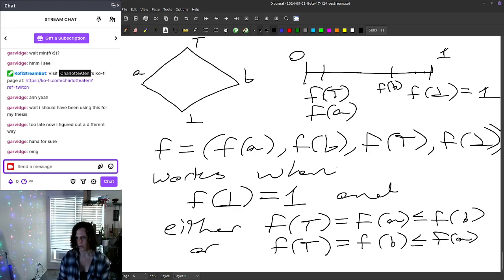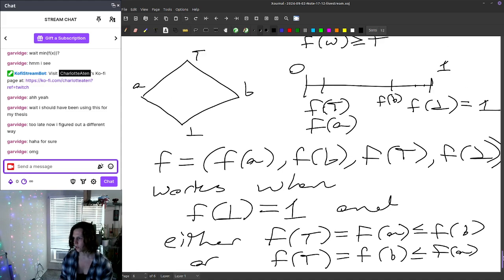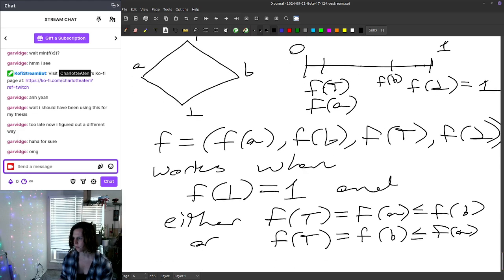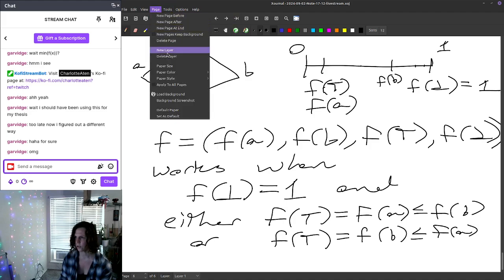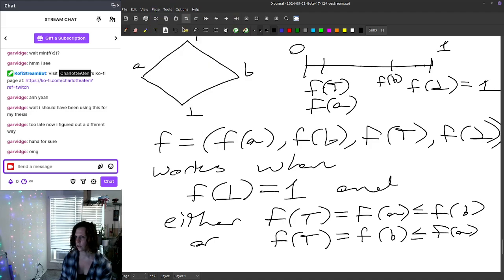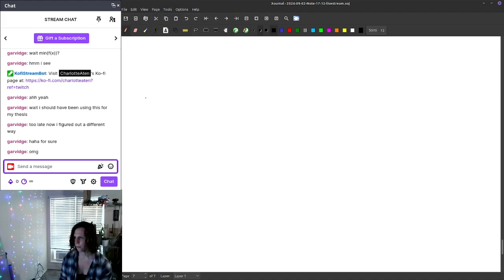So those are the possibilities, and I claim that this actually looks geometrically like what we would expect. So let's think about this, maybe on the next page.